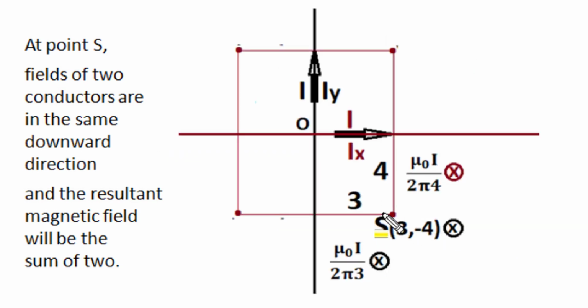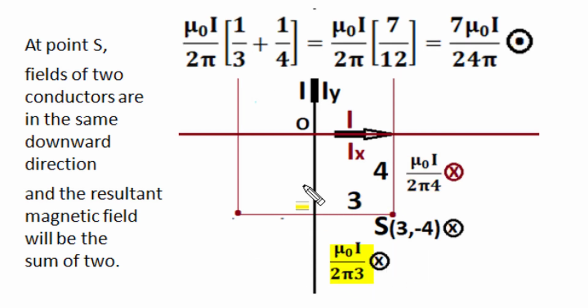The vertical distance of the observation point from the X directed current is 4 units, so the magnetic field is mu0 I upon 2 pi 4 in the cross downward direction, and the perpendicular distance of the observation point from the Y direction current is 3 units, so the magnetic field is mu0 I upon 2 pi 3 again in the inward cross direction, and the resultant is the sum of mu0 I upon 2 pi 3 and mu0 I upon 2 pi 4. When mu0 I upon 2 pi is brought out as common, and 12 is taken as LCM, then 4 and 3 become 7, and our result becomes 7 by 24 mu0 I upon pi, cross, vertically inward directed.